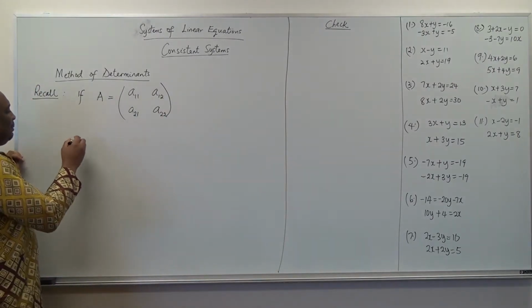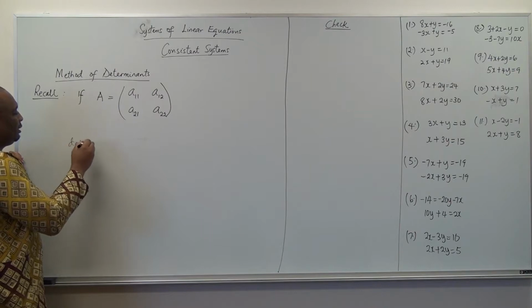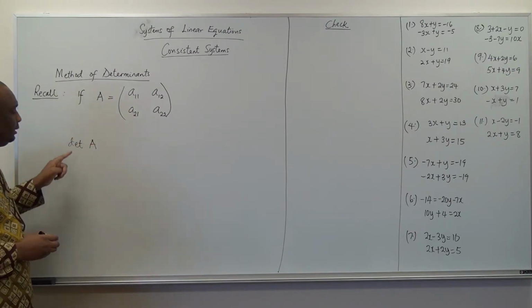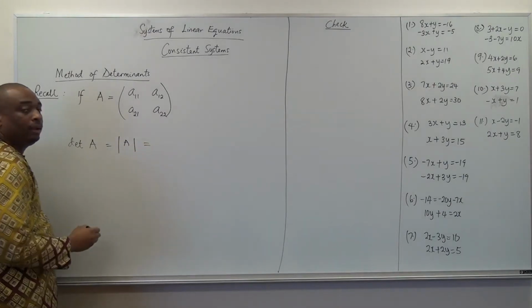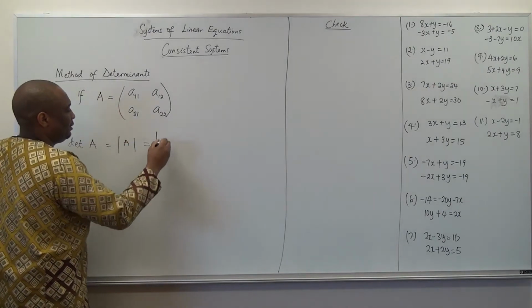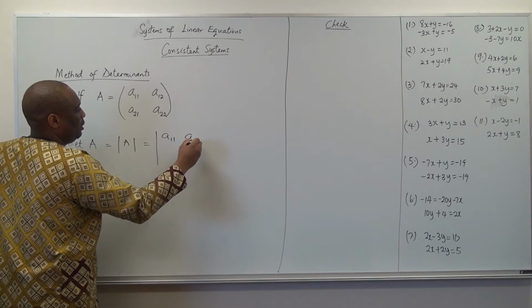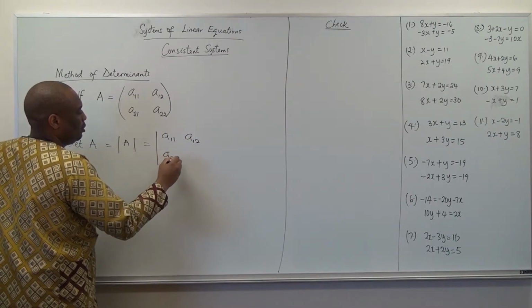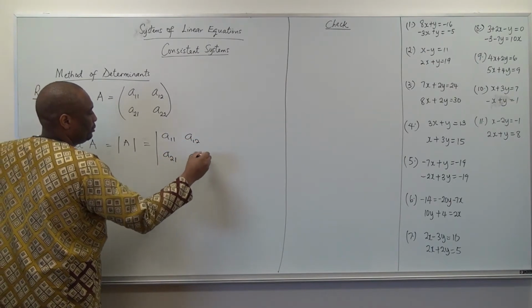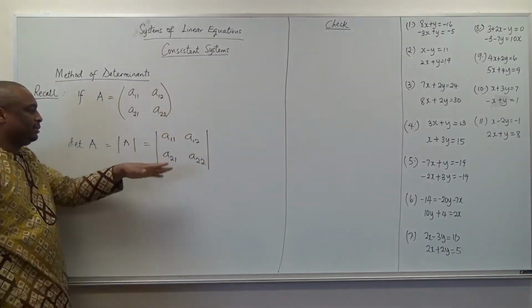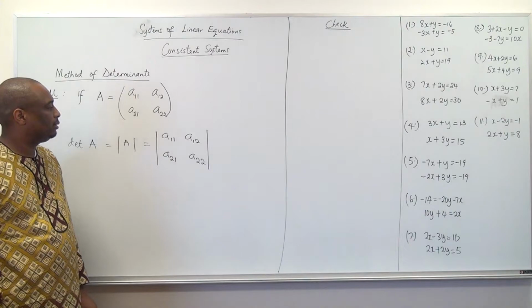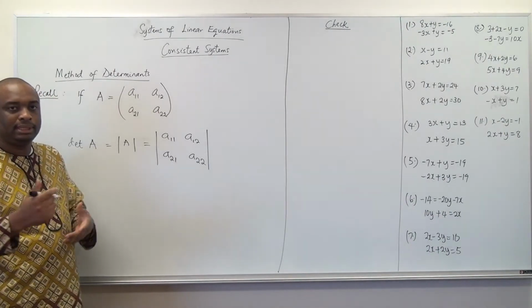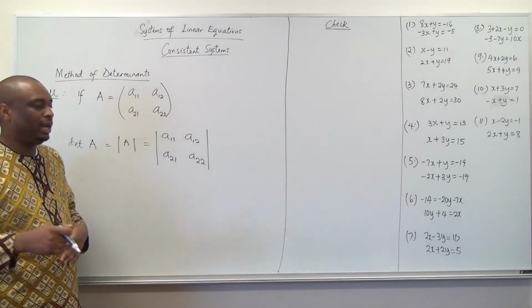So we see that determinant A, in some textbooks you write it as det A, or you can represent it like this. This will be the determinant of A11, A12, A21, A22. Don't worry about this, we will soon begin to deal with numbers, so it will be kind of simpler.